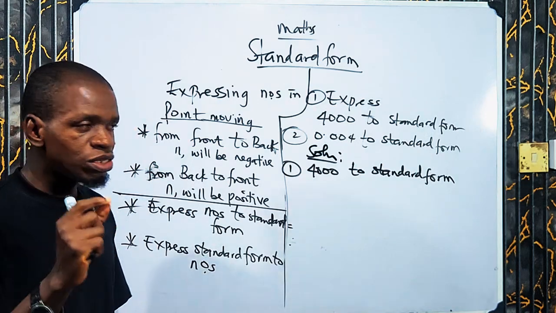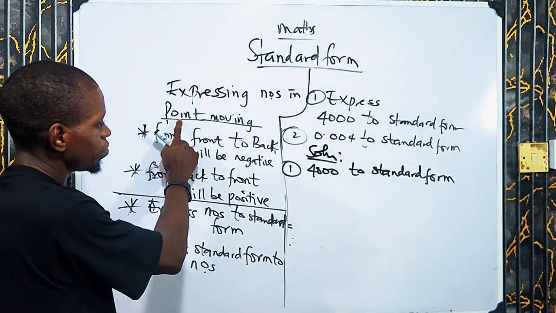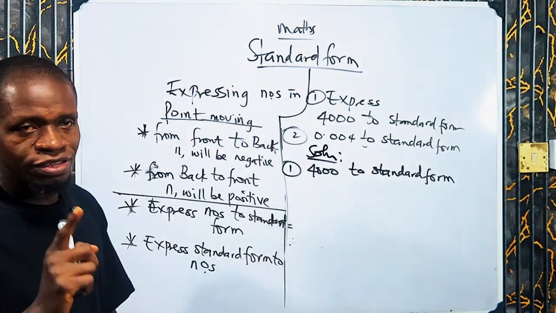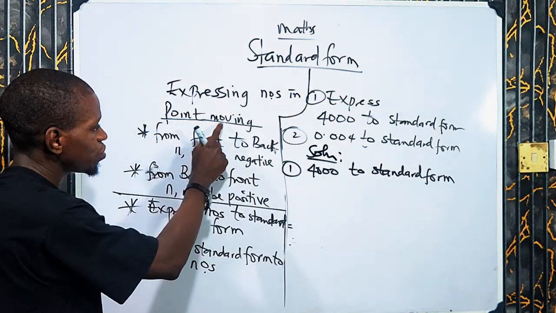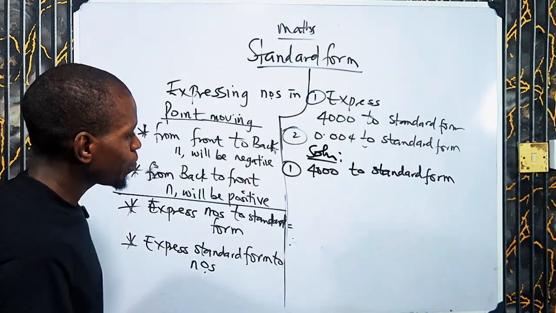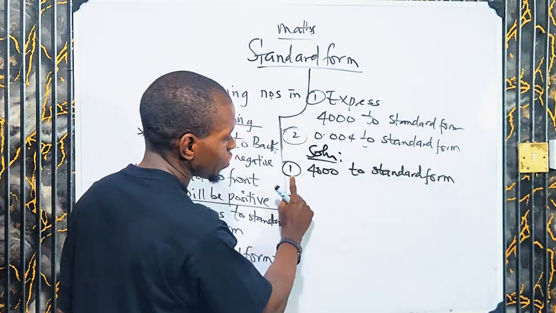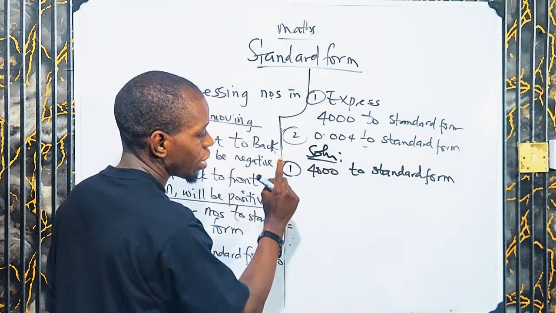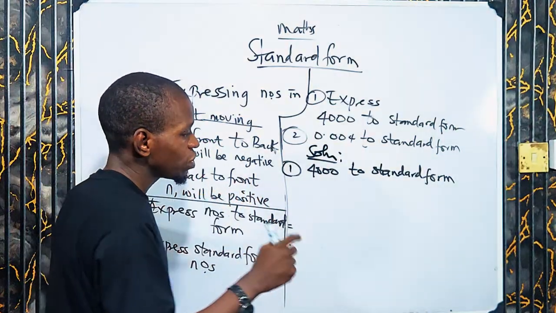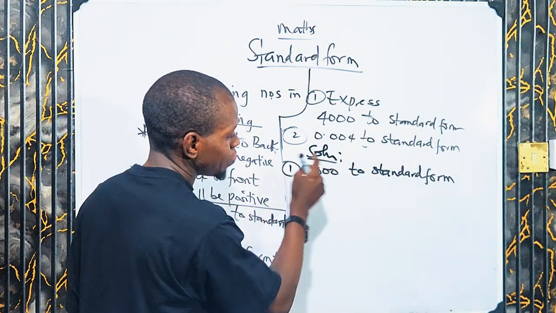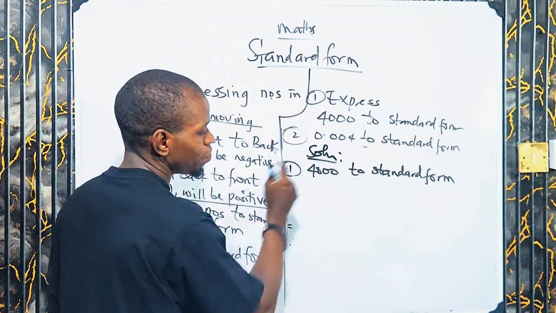First thing first, you need to locate your point before you start moving it. What did I say? You need to locate your point before you start moving it. And where is my point? If I look at this and I discover that there is no point in between, I will know that my point is at the back.